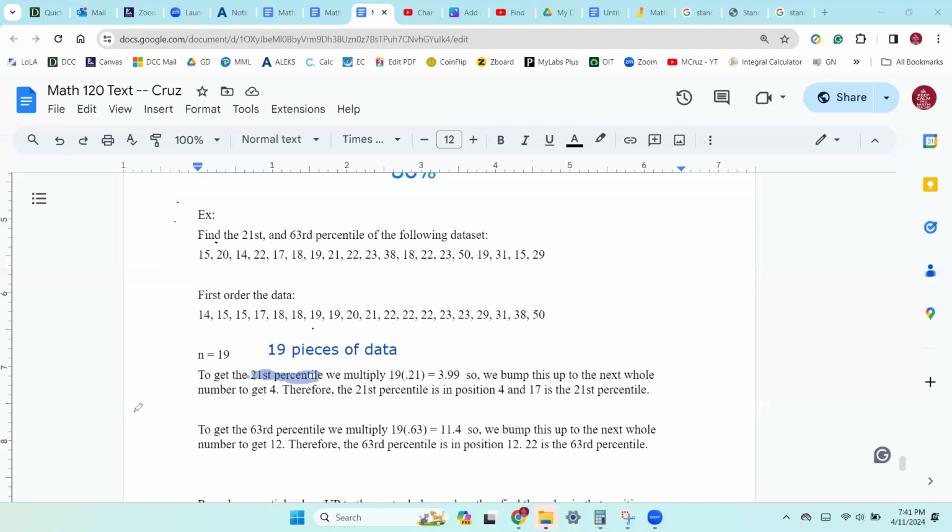I only know one way to multiply, and a percentile is just a percent. I know there are calculators that may allow you to do it, so if you are able to do that, that's fine. But this is the way that I know how to do it: I do it as a decimal, because 0.21 is the decimal equivalent. It makes it simpler to me than the way ALEKS does it, because I think they keep it as 21 and then multiply and divide by 100 or something like that. It's the same thing.